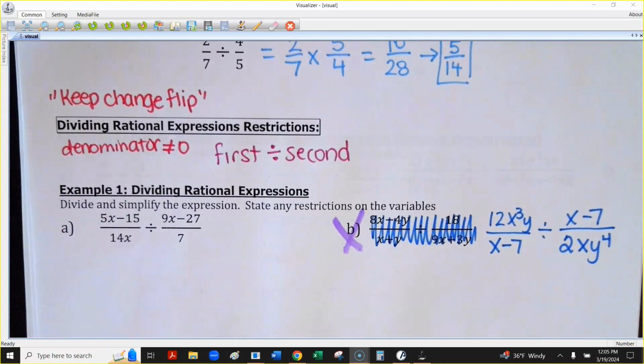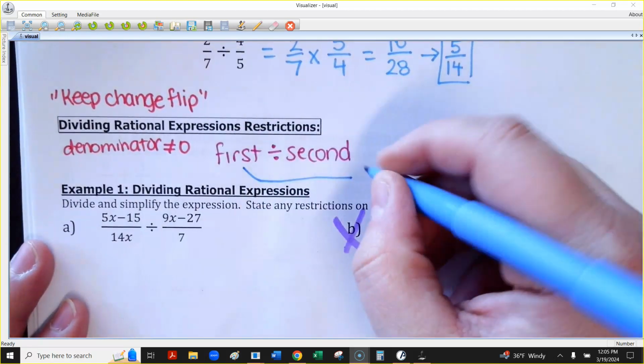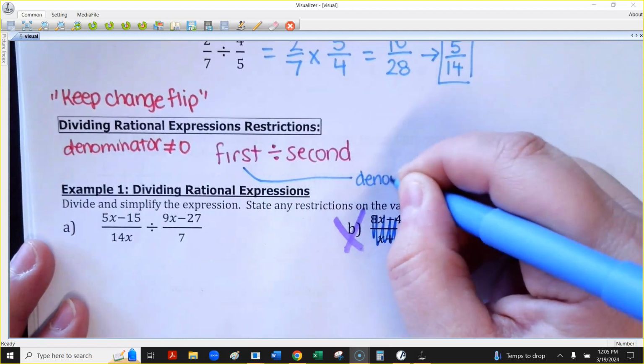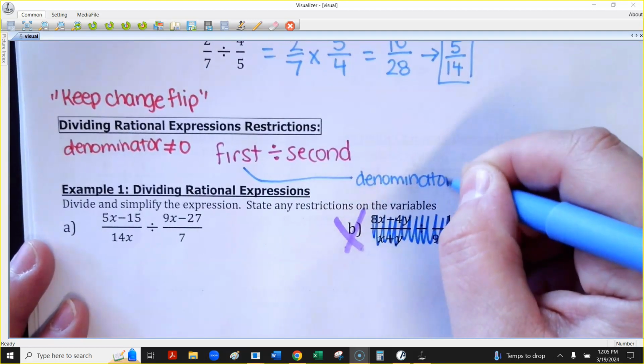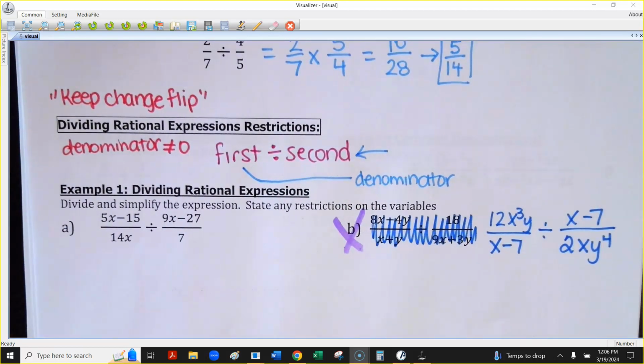The deal with the restrictions: for the first fraction, you would just have to worry about anything that would make the denominator 0. The second fraction, if you're working with a division problem, gets flipped over.